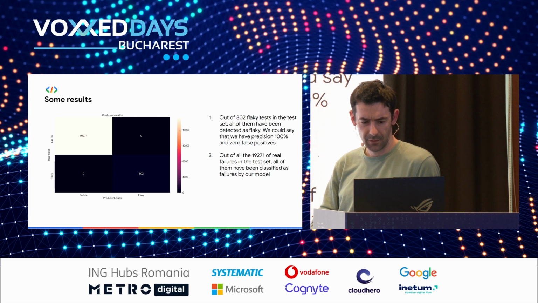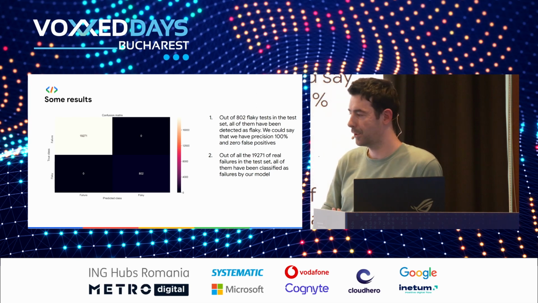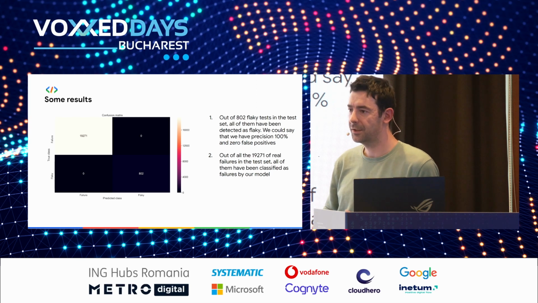By the way, this is an old one, from 2019, I think, and we had like 802 flaky tests out of 19,271 real test failures. Here, the confusion matrix shows us that we have a 100% prediction, but this is just for show off. In reality, it's not.